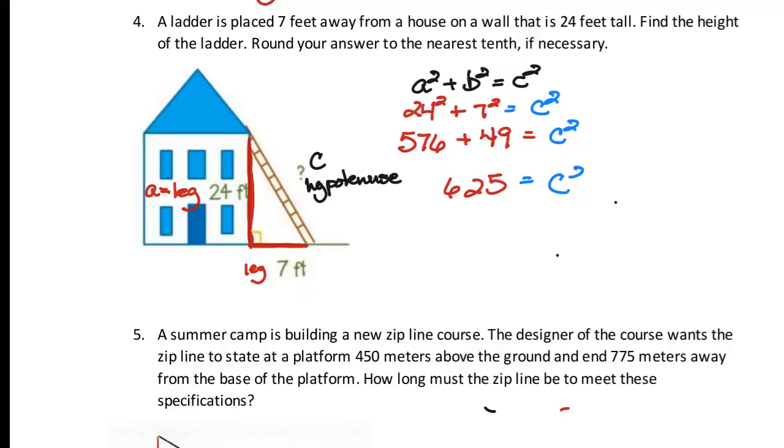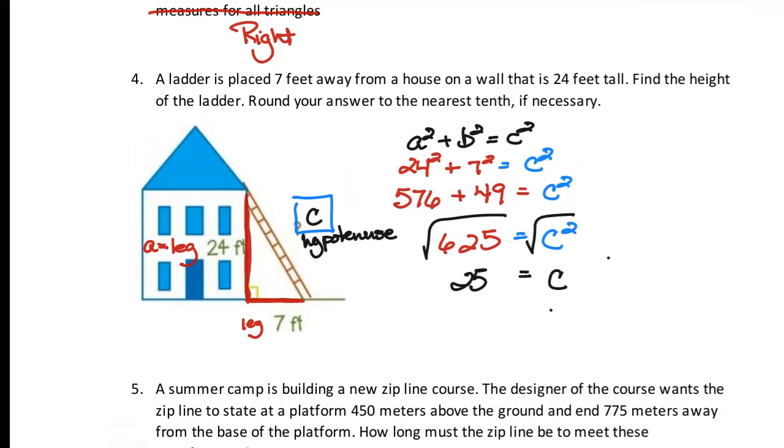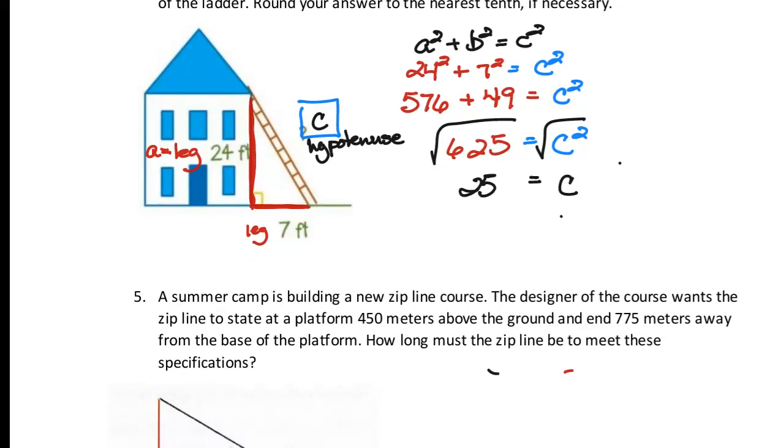That is equal to C squared, but I don't want C squared. So you take the square root. The letter C by itself, the length of that ladder, is the square root of 625, which is equal to 25. Now, this is in feet, so that means C is 25 feet.